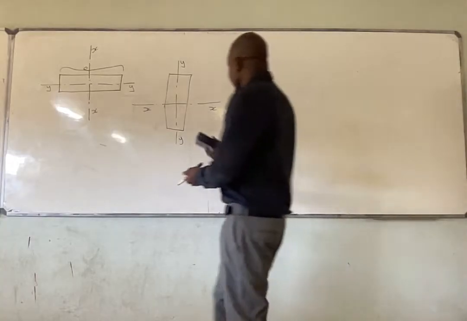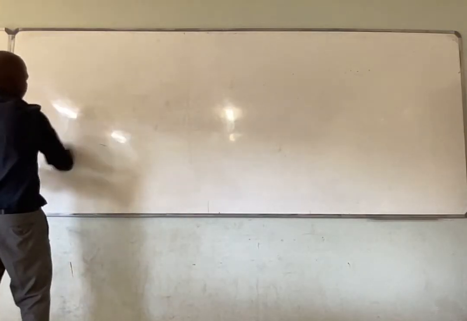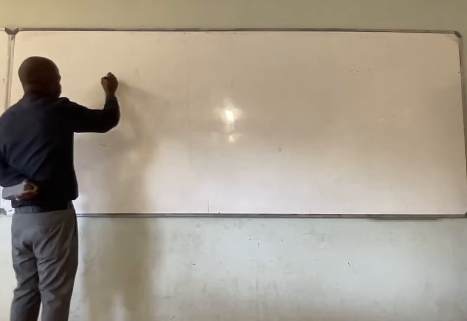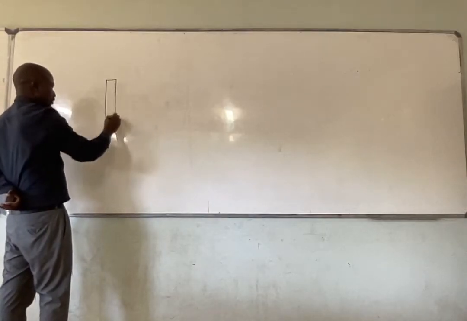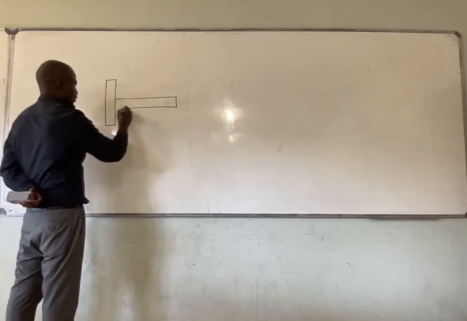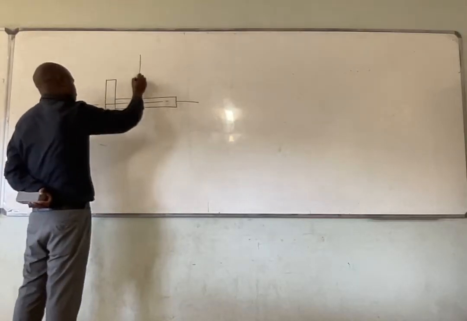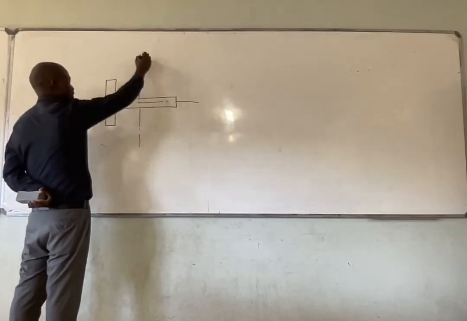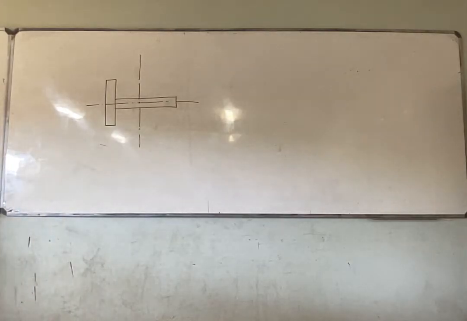Okay. Now again, let us look at this one. This was only one area. Let us check when we have two areas. So between the vertical one and the horizontal one, which one can we choose as our XX axis?